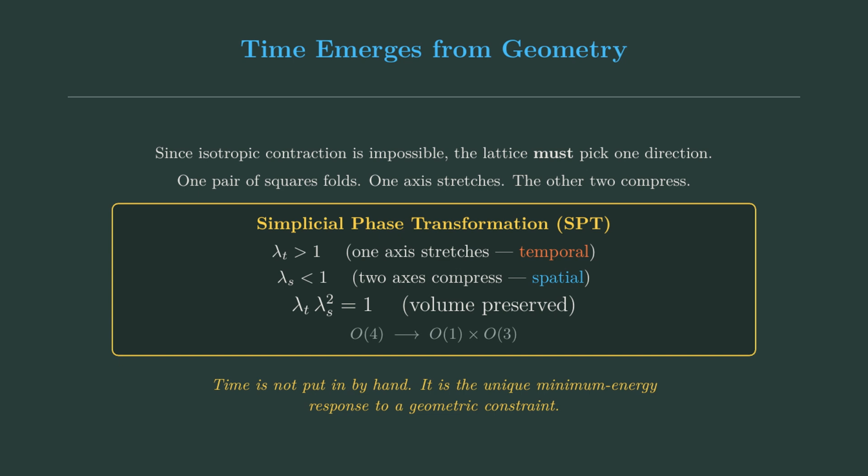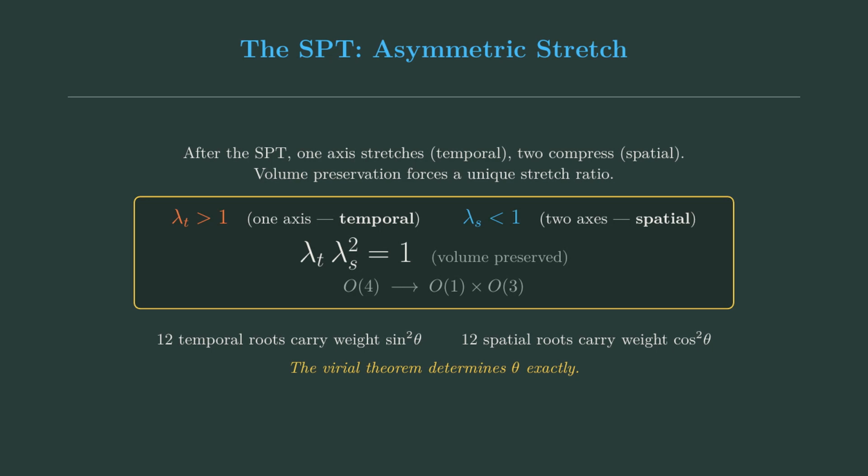This is the simplicial phase transformation, or SPT. It breaks O4, the 4-dimensional rotation symmetry, down to O1 times O3. 1 time direction and 3 space directions. Time is not put in by hand. It is the unique minimum energy response to a topological constraint of the 24-cell.